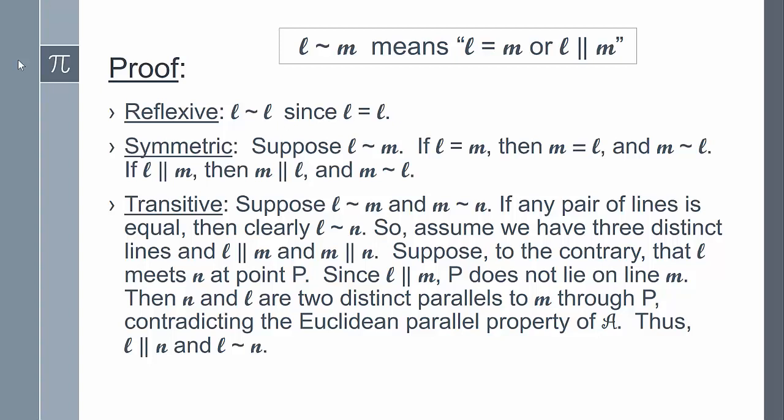So this is an equivalence relation. Now we're going to look at equivalence classes defined by this equivalence relation. These equivalence classes are going to be important for extending an affine plane to a projective plane.